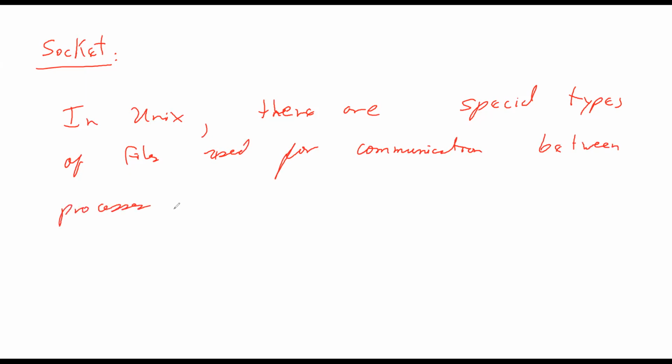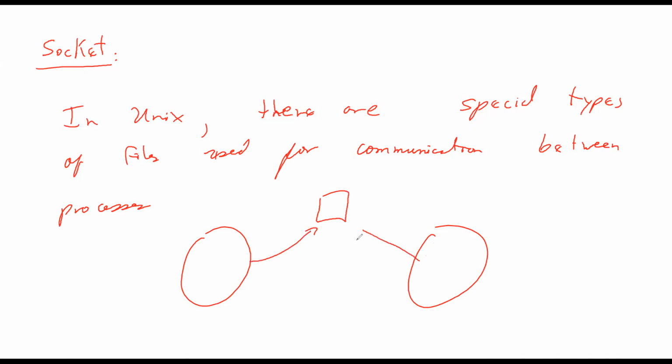Remember that a process is, let's say you start Apache or you start a script, whatever it is, some kind of process. So sometimes you have a file in the system, a socket, and then both of these processes can send information to it. Then maybe this communicates with a printer.